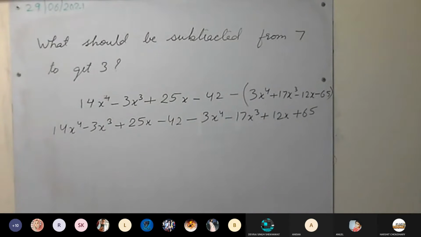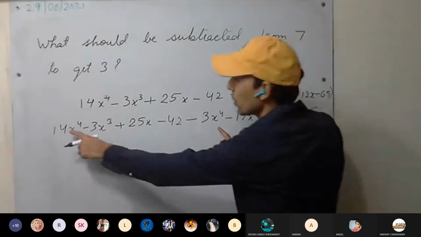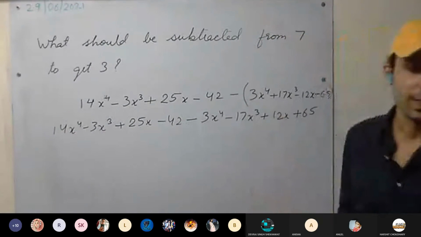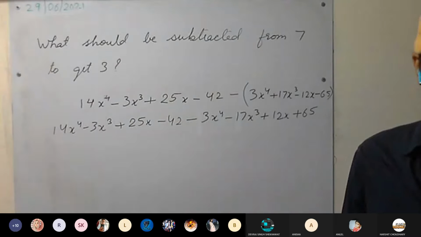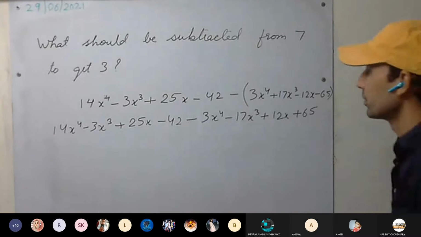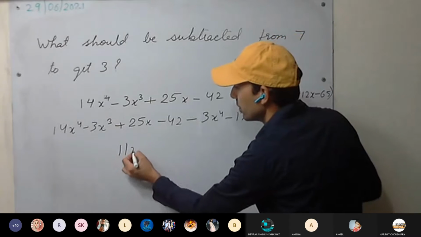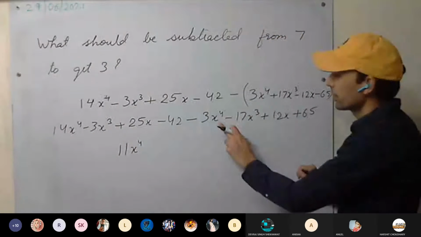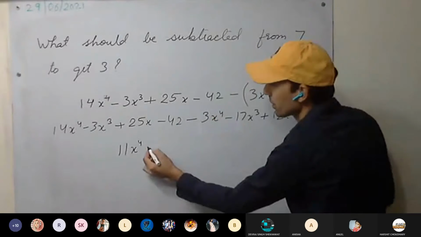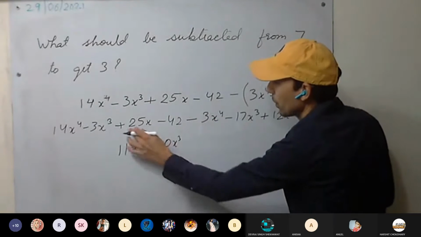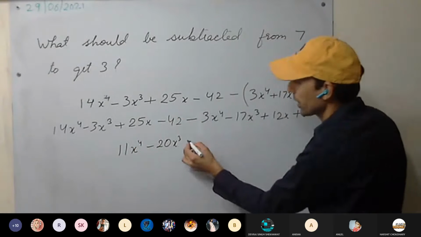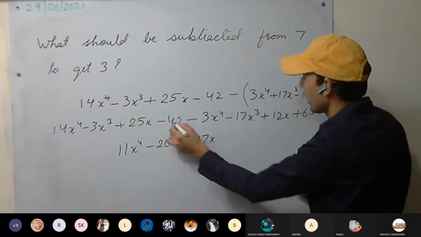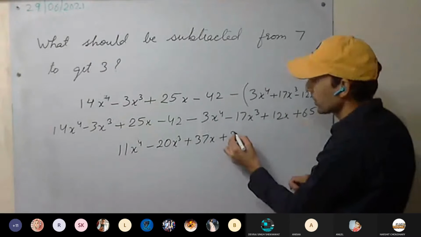Everyone solve. Solve and get the answer. 14x raised to power 4 minus 3x raised to power 4, minus 3x cube minus 17x cube, plus 25x plus 12x, minus 42 plus 65.